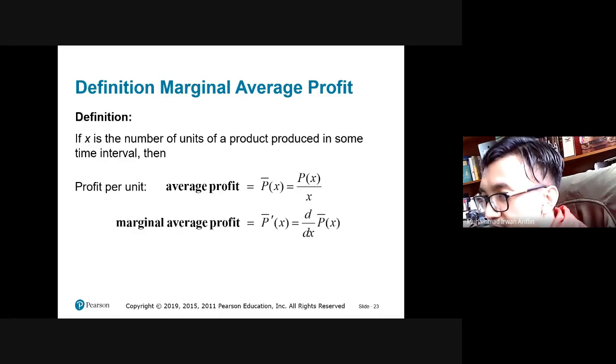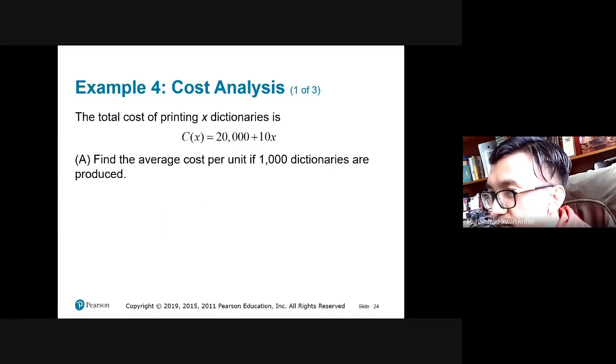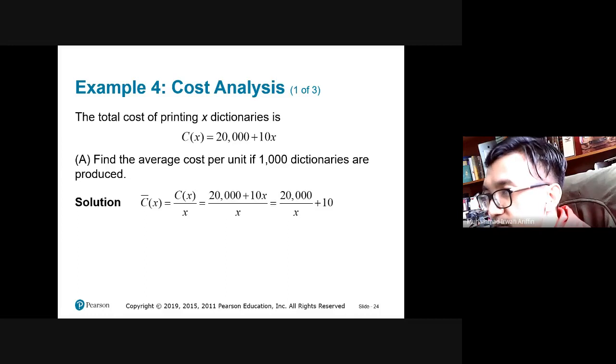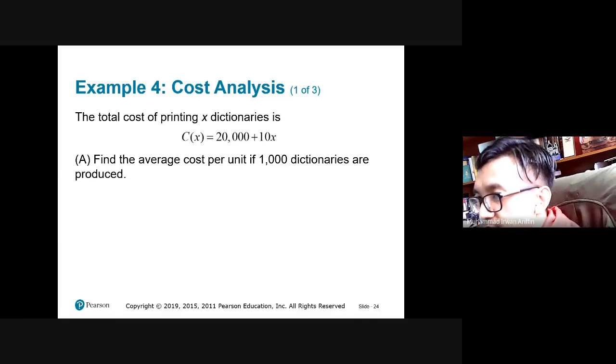For all these average functions, we can always find the marginal average. So in this example, if you want to find the average cost per unit if 1,000 dictionaries are produced, remember the definition of average cost: C bar of x equals C of x divided by x.